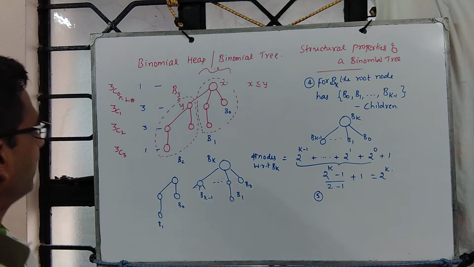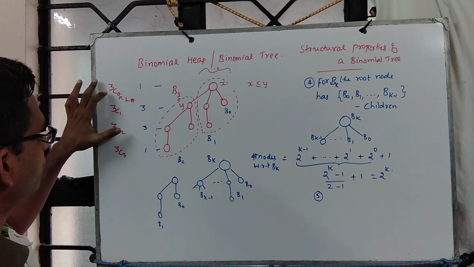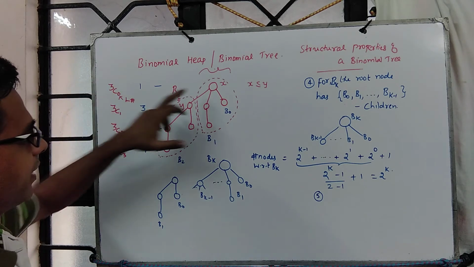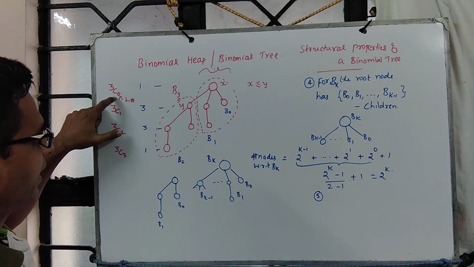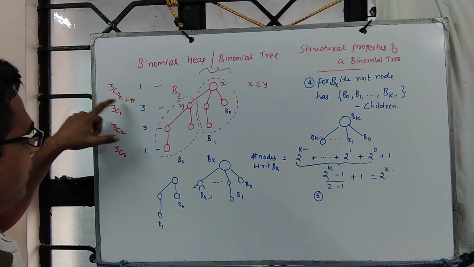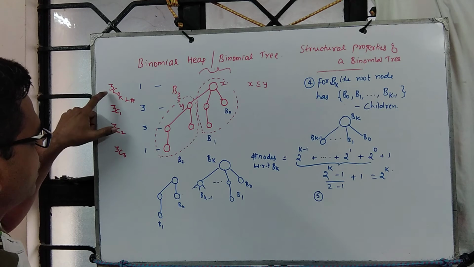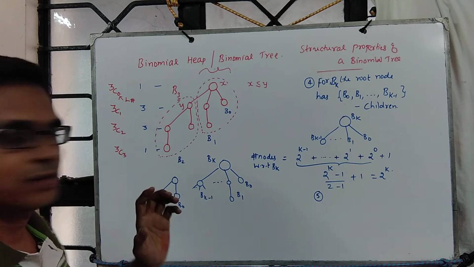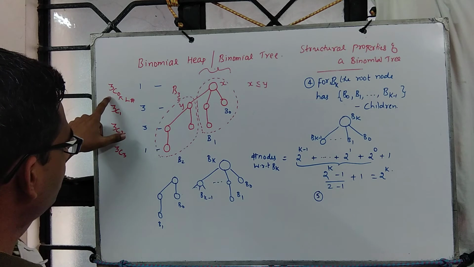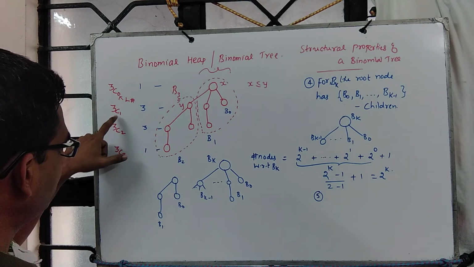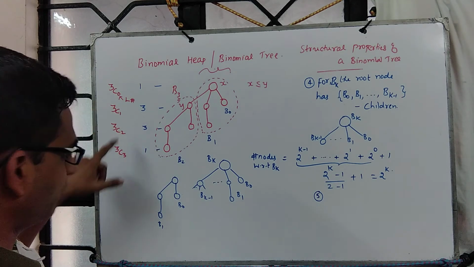So what is this saying? The number of nodes in BK at level say R is K choose R. If you look at B3, it is 3C0, at level 1 it is 3C1, at level 2 it is 3C2 and so on.